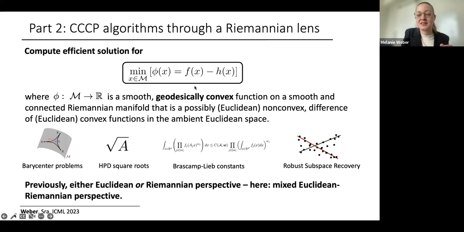Basically realizing that, especially in the case of matrix manifolds, a lot of those Euclidean non-convex problems are actually geodesically convex. That was the realization here: there's a sufficiently broad subclass of this problem class that is geodesically convex, and we can exploit that to find non-asymptotic convergence rates.